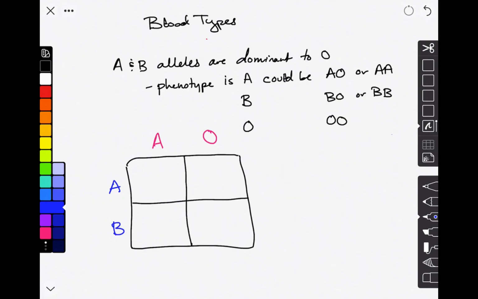You're going to get A from dad, B from dad, and in this column we're going to get A from mom and O from mom. So we have one child who is type AA, one who's type AO, so 2 would look like A, one AB, and one B.